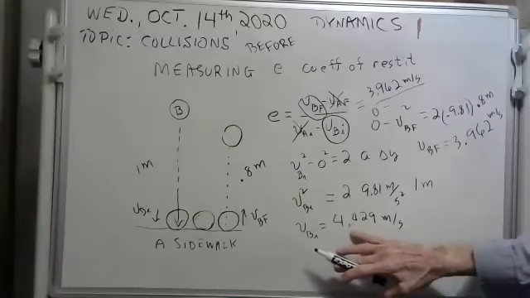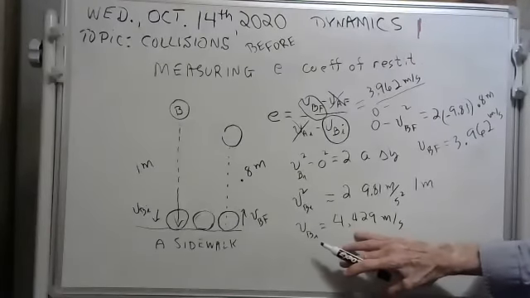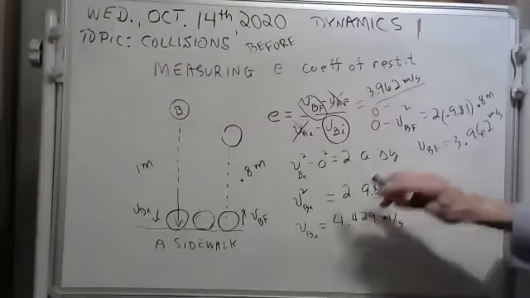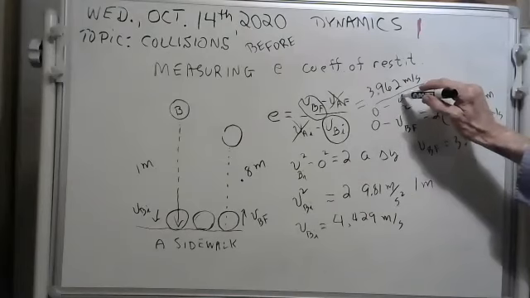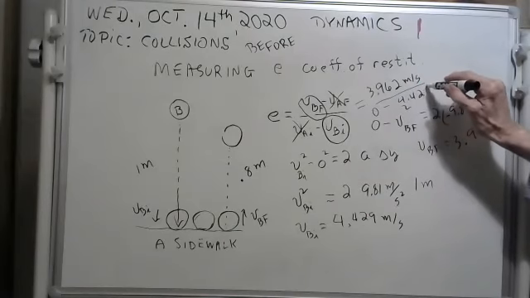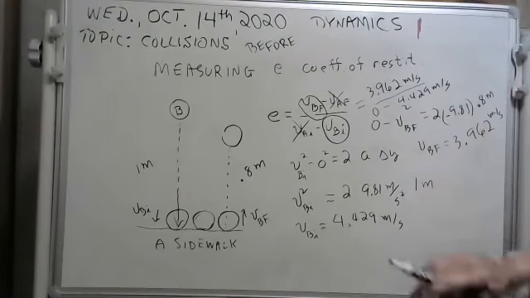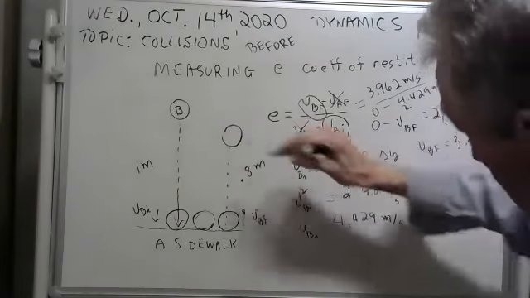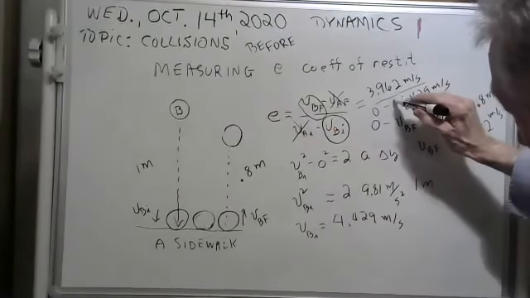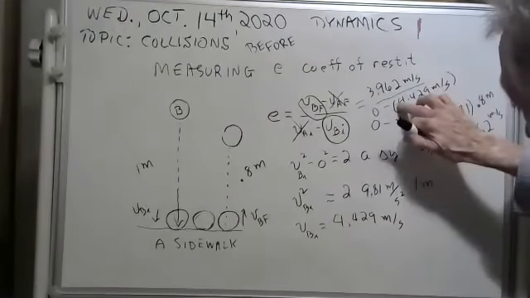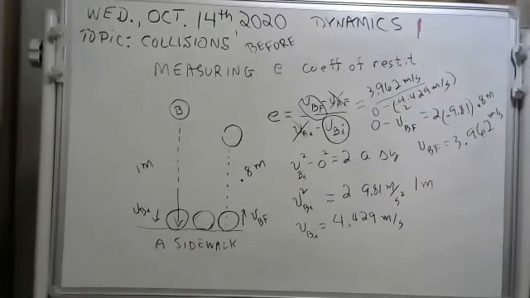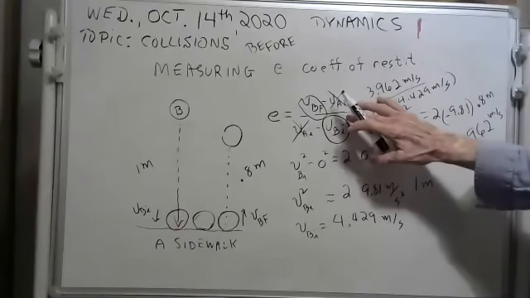now here's where I'm running into this problem with the negatives. It's 4.429 meters a second coming in. But if up is plus, that's a minus 4.429. This is a plus.